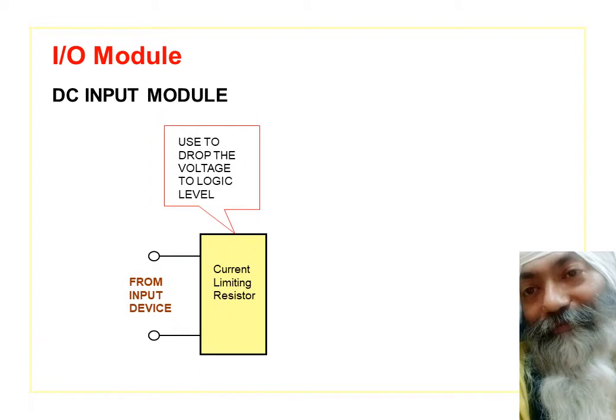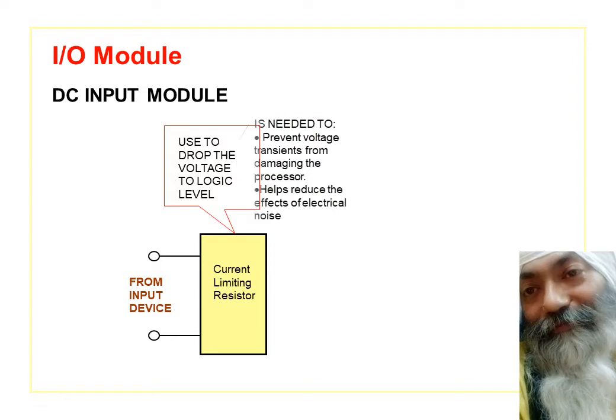We start with the DC input module. In the DC input module, we first of all have a current limiting resistance. Whatever is the input coming from the device, this current limiting resistance is used to drop the voltage to logical level. Logical level means not more than 5 volt in any case.